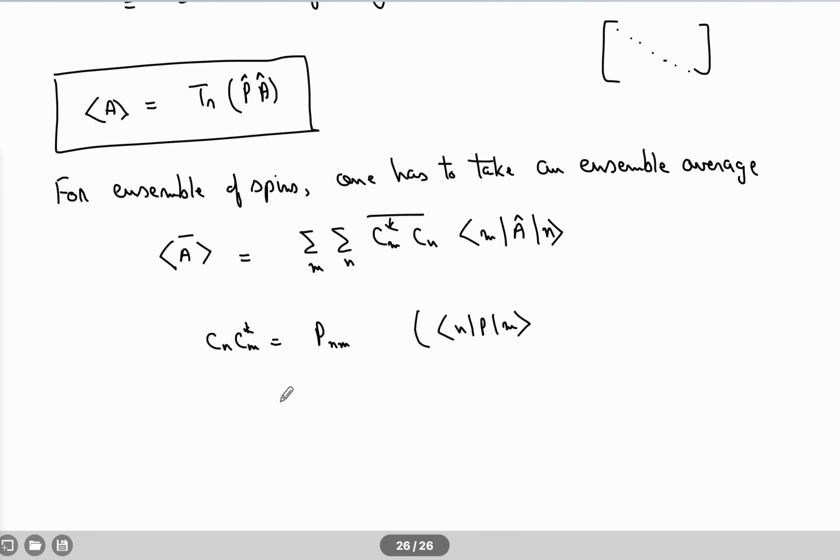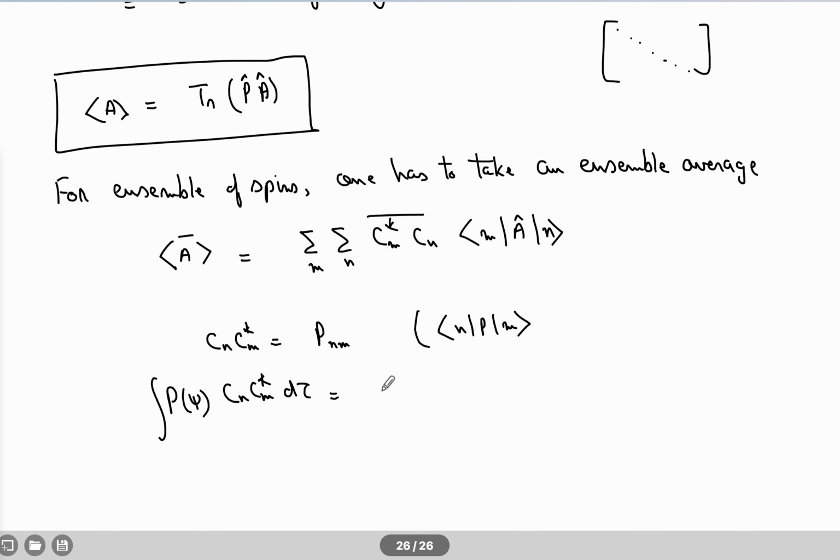To take an ensemble average, we have to multiply this with the probability density, Cn Cm star, d tau, and integrate over all space.